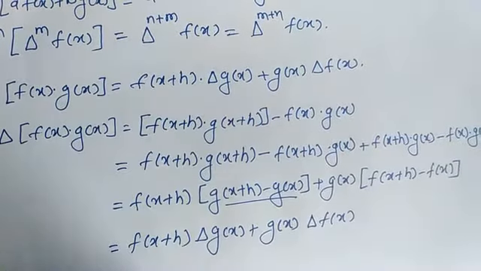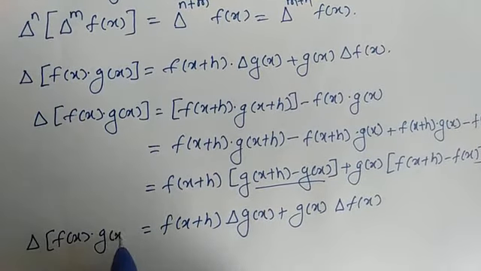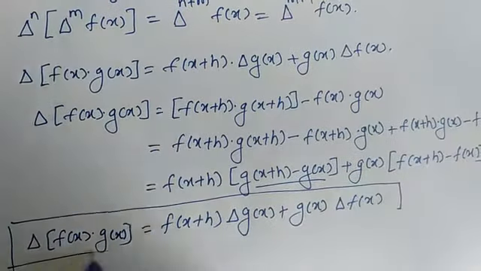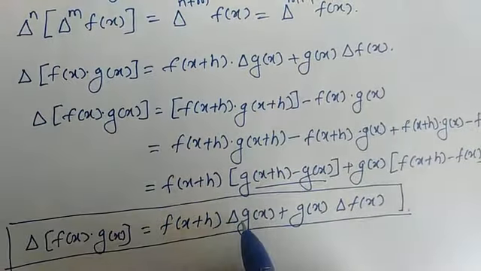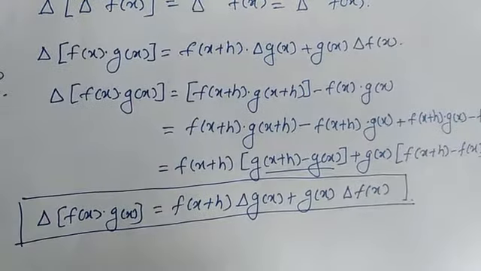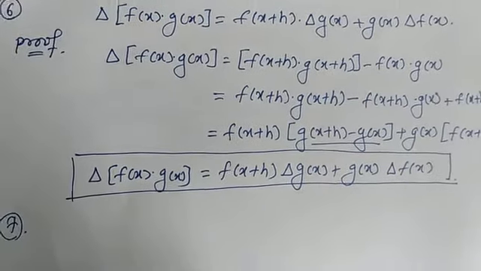So we get f(x+h) times this calculation, which is Δg(x), plus g(x) times this calculation, which is Δf(x). So we get Δ of f(x)g(x) equal to f(x+h) Δg(x) + g(x) Δf(x), which is our sixth identity or sixth property.